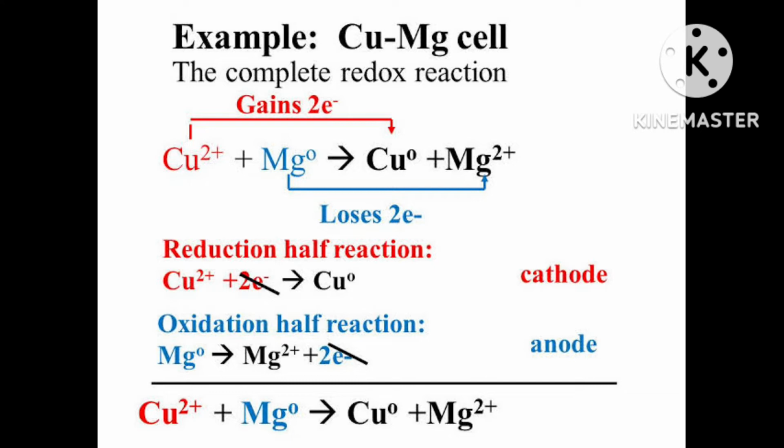In any reaction, two processes will be there: the oxidation process and the reduction process. Both processes will take place. The oxidation process is called a half reaction, and the reduction process is called another half reaction. Half plus half is the full reaction. That is called the net reaction.